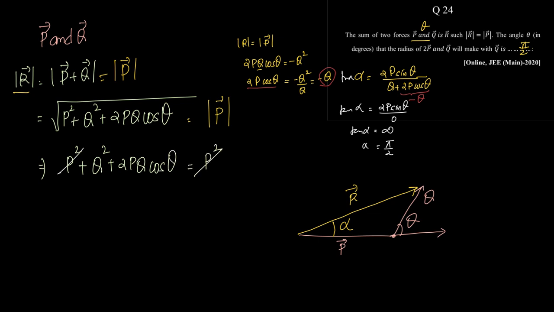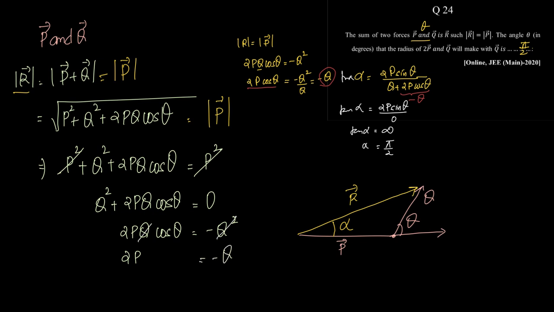Now p square and p square cancel. So we get q square plus 2pq cos theta is equal to 0, and 2pq cos theta is equal to minus q square. Therefore 2p cos theta is equal to minus q.